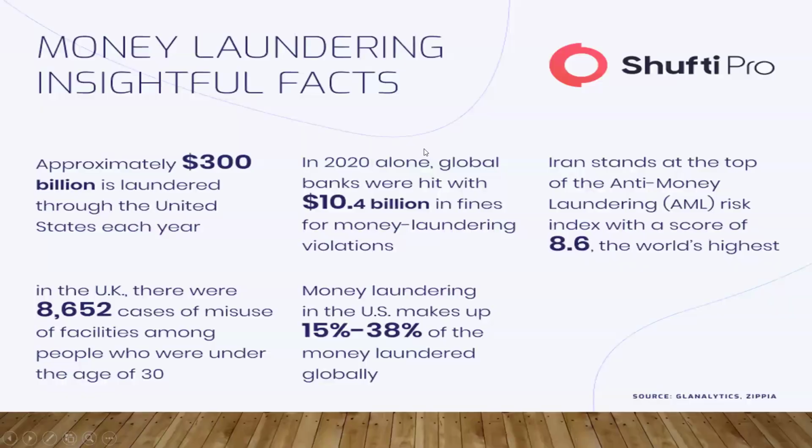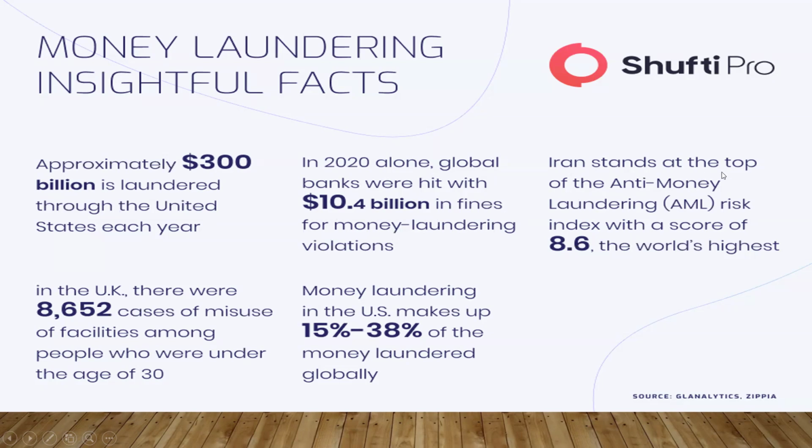Okay, so there is some data that approximately $300 billion is laundered through the United States each year. In 2020 alone, global banks were hit with $10.4 billion in fines for money laundering.